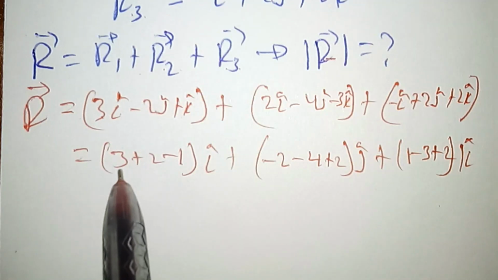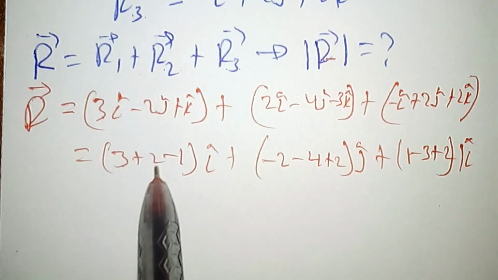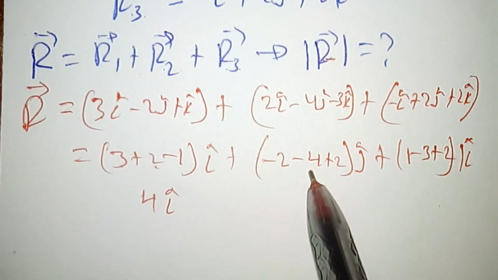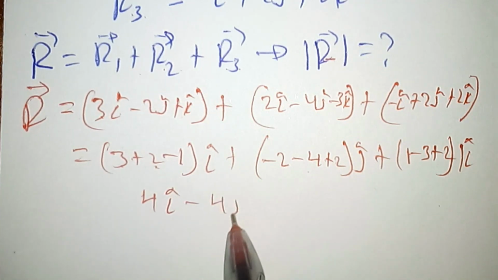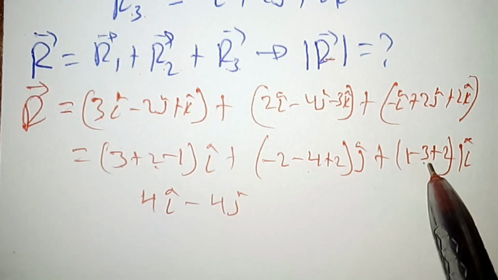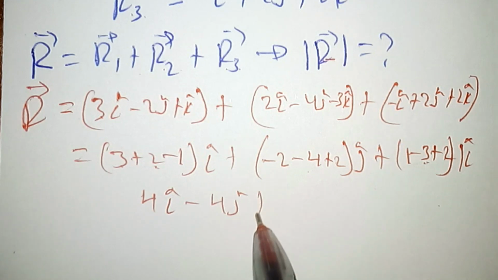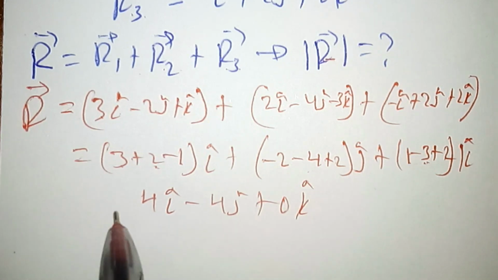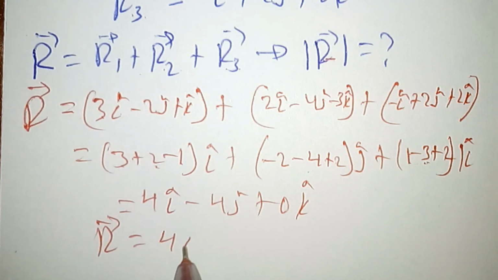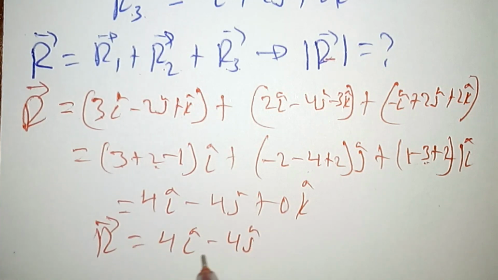So this gives us 3 plus 2, which is 5, minus 1 is 4i. This is minus 4j, and for this one, 1 minus 3 is minus 2, plus 2 is 0, which is 0k. So the resultant vector r is 4i minus 4j.